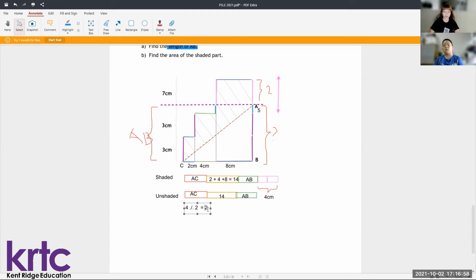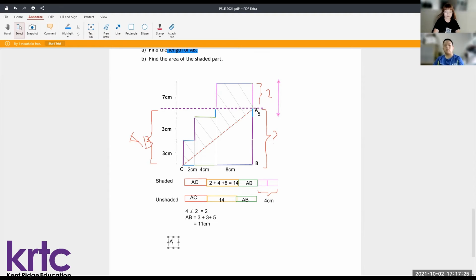So the length of AB will be equal to 3 plus 3 plus 5, which is 11 cm. So that is the answer for part A, AB.